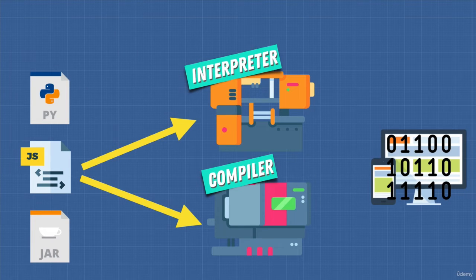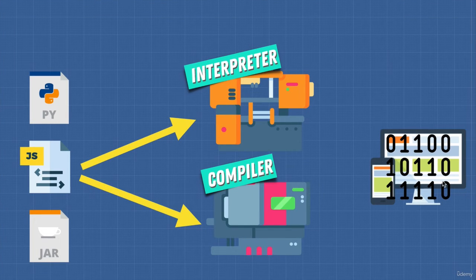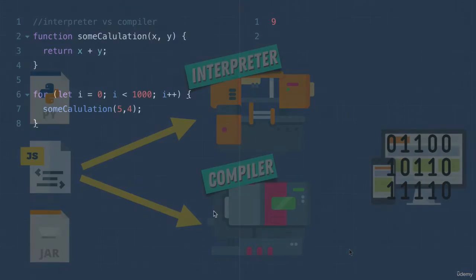Well, a compiler, unlike an interpreter, doesn't translate on the fly. What it does is it works ahead of time to create a translation of what code we've just written, and it compiles down to usually a language that can be understood by our machines. Let's have a look at this in more detail.